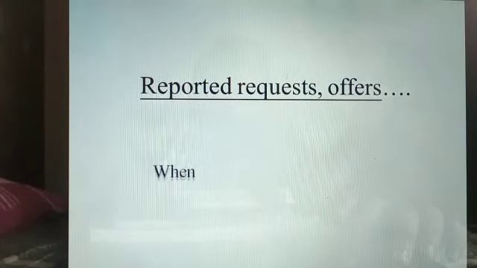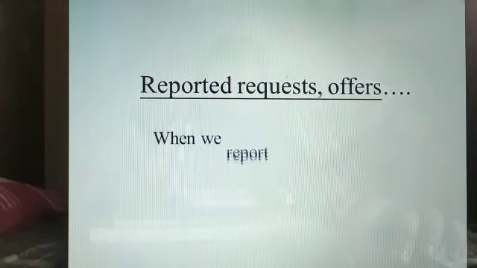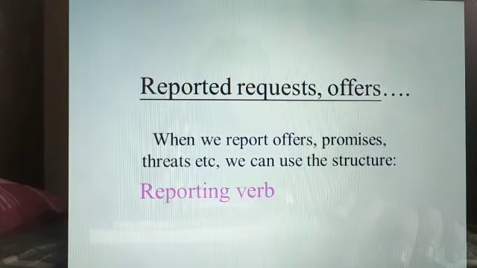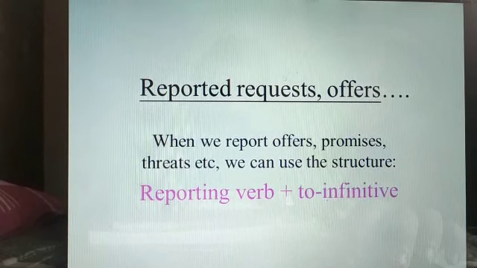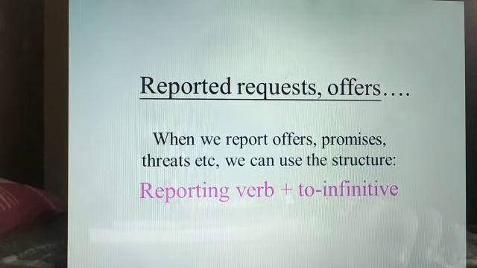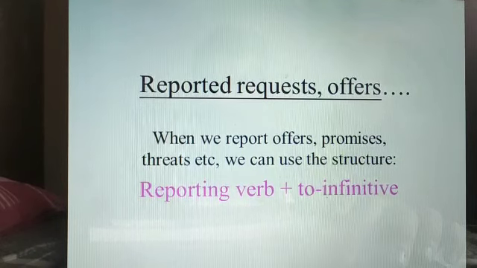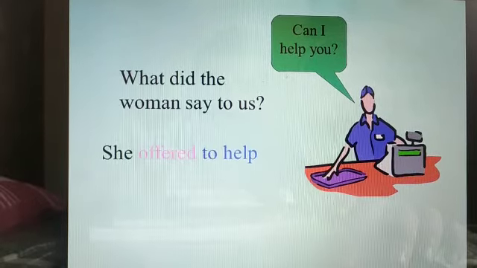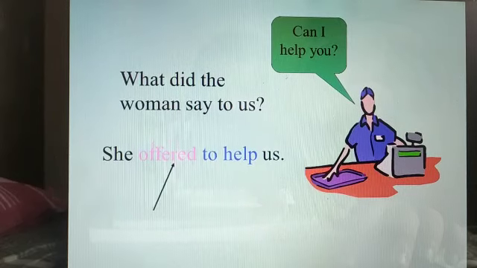Now reported requests, offers has to be understood. So when we report offers, promises, threats, etc., we can use the structure reporting verb plus to infinitive that we have seen in the last example. Now, again, can I help you?